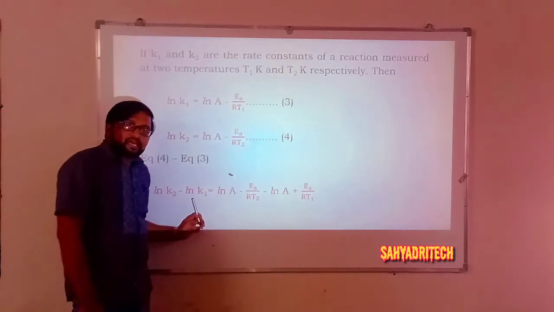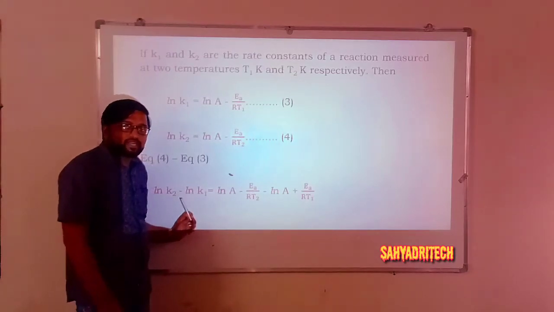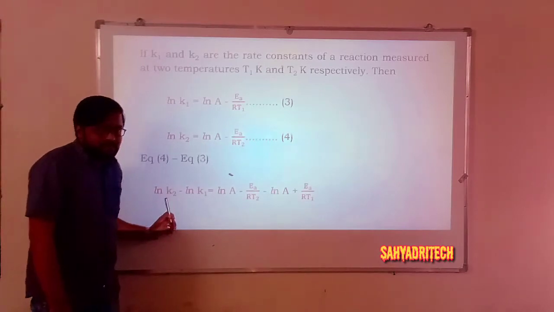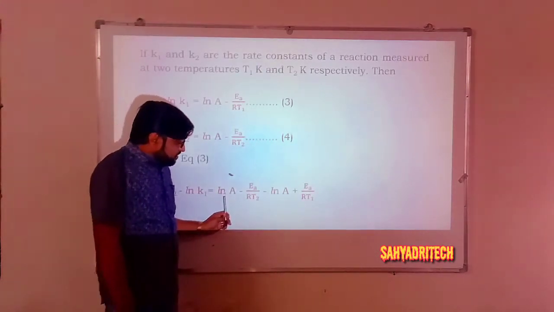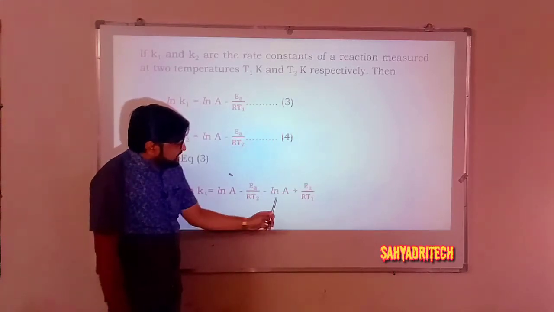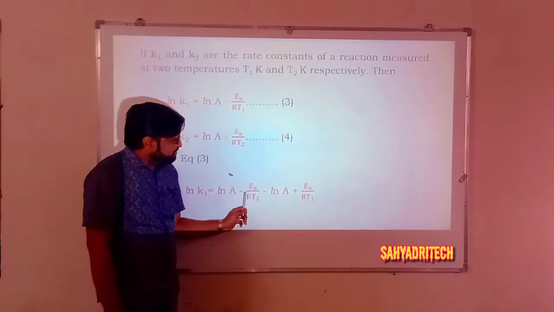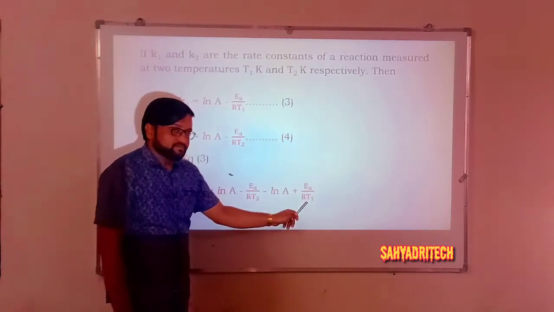Well, we know the formula regarding ln, or I can say log. ln A minus ln B, what is that? ln of A by B. So what we are getting here? This quantity changes to ln K2 by K1. Then further on the RHS side, ln A minus ln A, these two quantities cancel. What is left? Minus Ea by RT2 plus Ea by RT1.